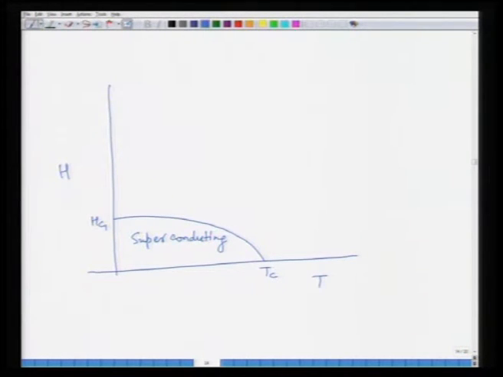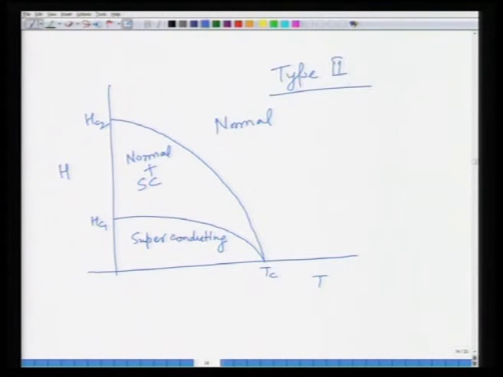Beyond Hc1 the region is essentially, beyond these two you have normal plus superconducting, and this boundary between Hc1 and Hc2 below Tc is a region where normal and superconducting states coexist. This is what is found in type 2 superconductors, and this is where the difference between type 1 and type 2 came. Type 1 was mostly elemental metals and type 2 were mostly alloys.